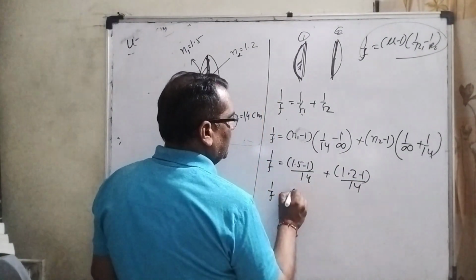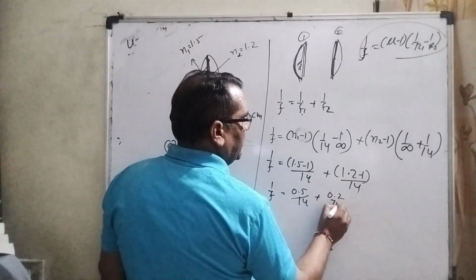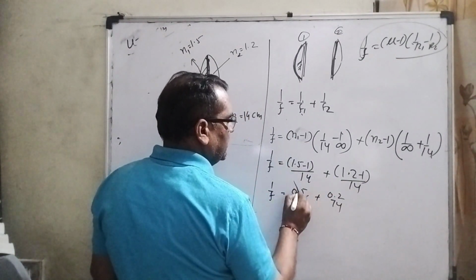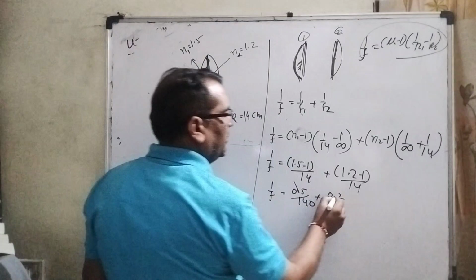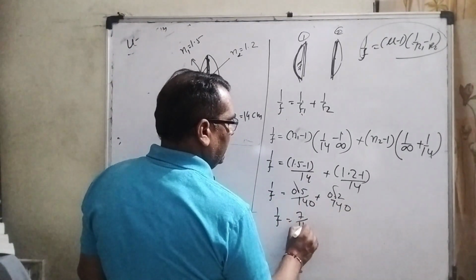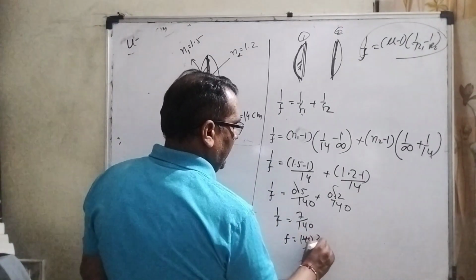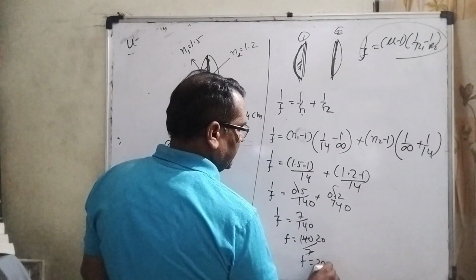Then 1 by f equal to 0.5 by 14 plus 0.2 by 14. Then removing the point, it becomes 1 by f equal to 7 by 140. Then f can be written as 140 by 7. Then f equal to 20 centimeter.